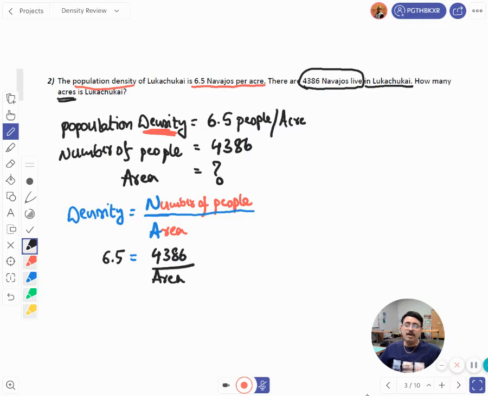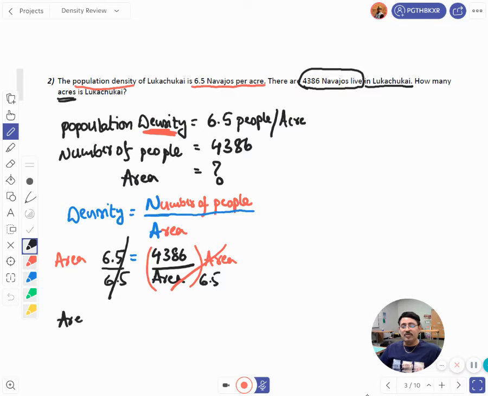Here you may have to follow a little bit of algebra: both sides multiplied by area, then to isolate area, division by 6.5.